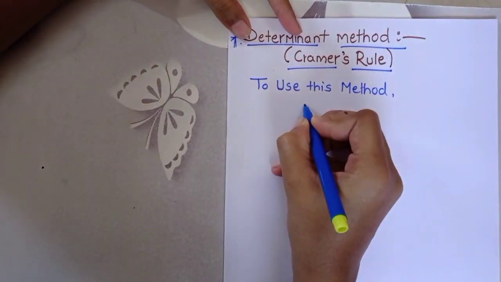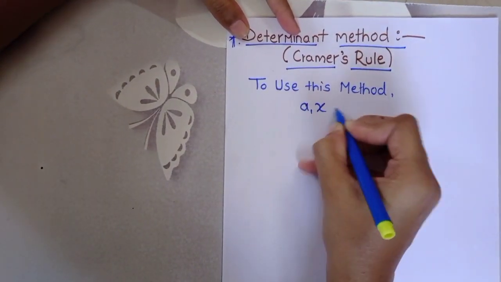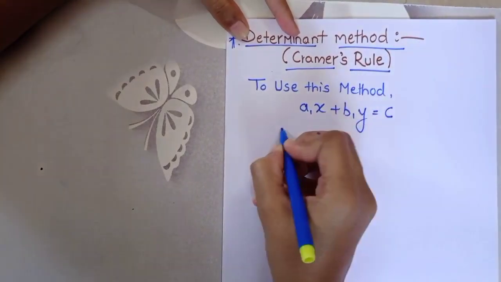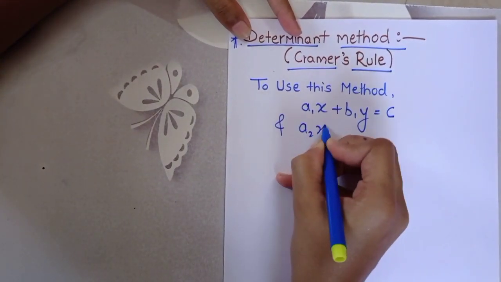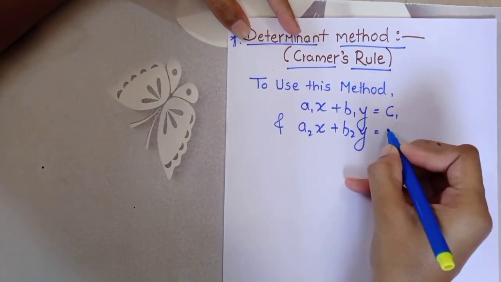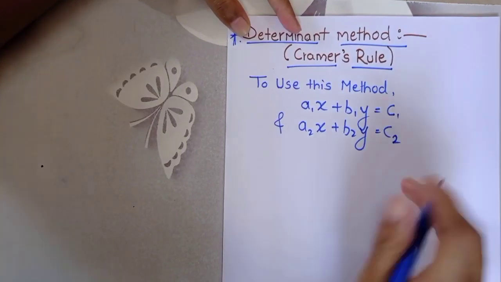in the form a1x plus b1y is equal to c1 and a2x plus b2y is equal to c2.